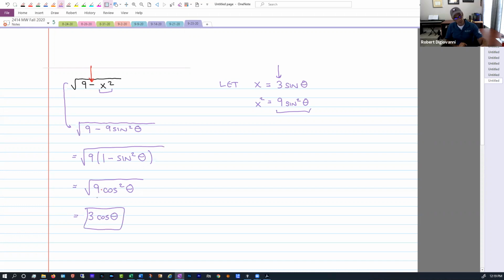So this expression turns into that expression if I make this substitution, right? If I make that substitution, then this radical expression will convert into a trig expression that's pretty nice.